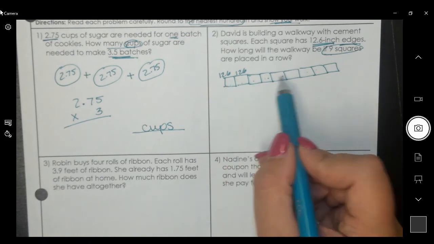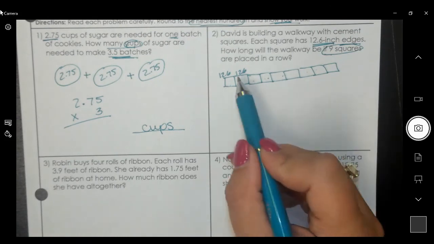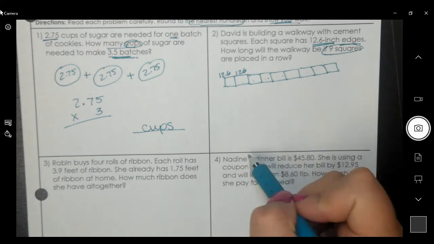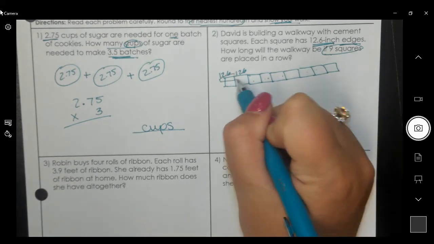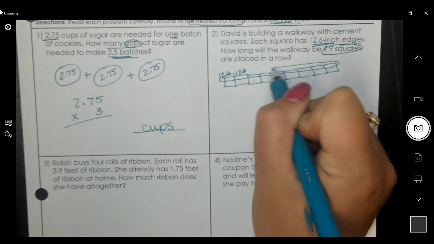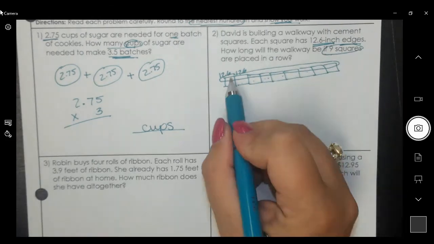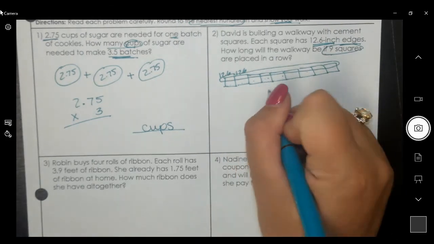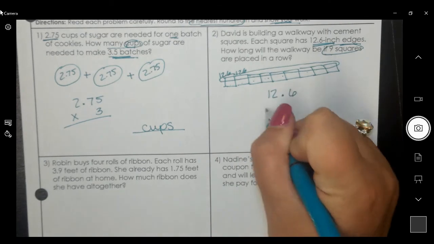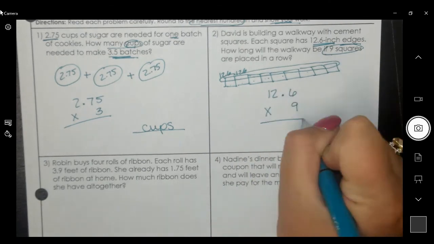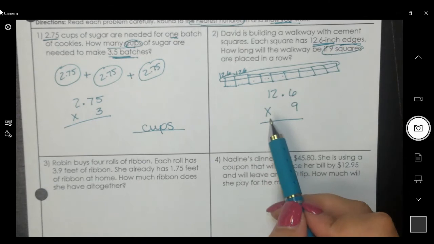I could visualize 9 squares being lined up in a row, and there's 12.6 edges. We want to know what this total length is going to be if each piece is 12.6. So I can do 12.6 times 9. I can solve for this problem right here.